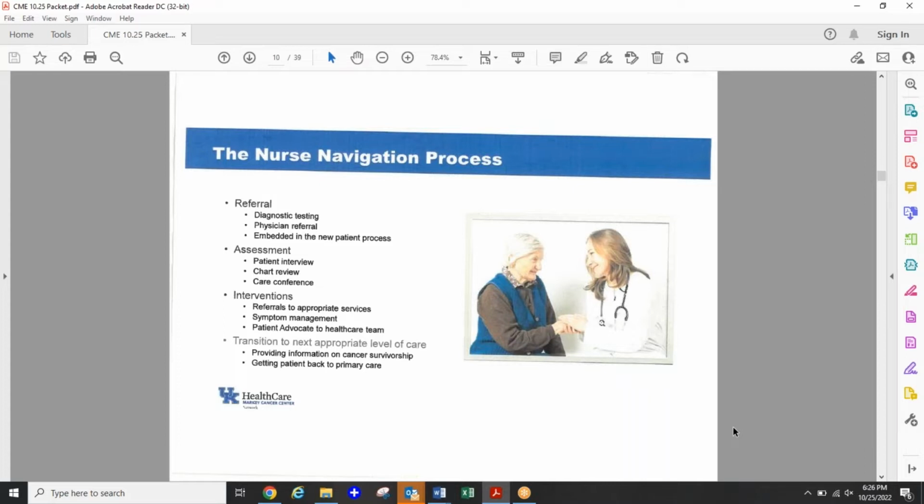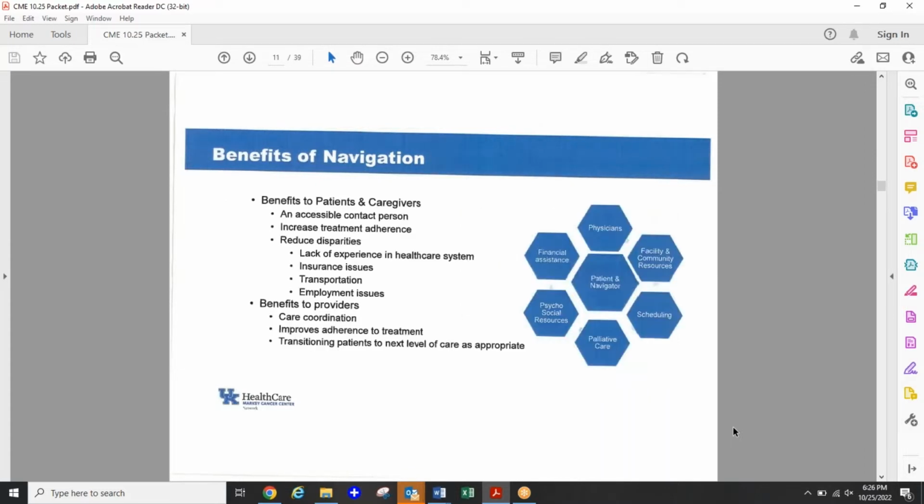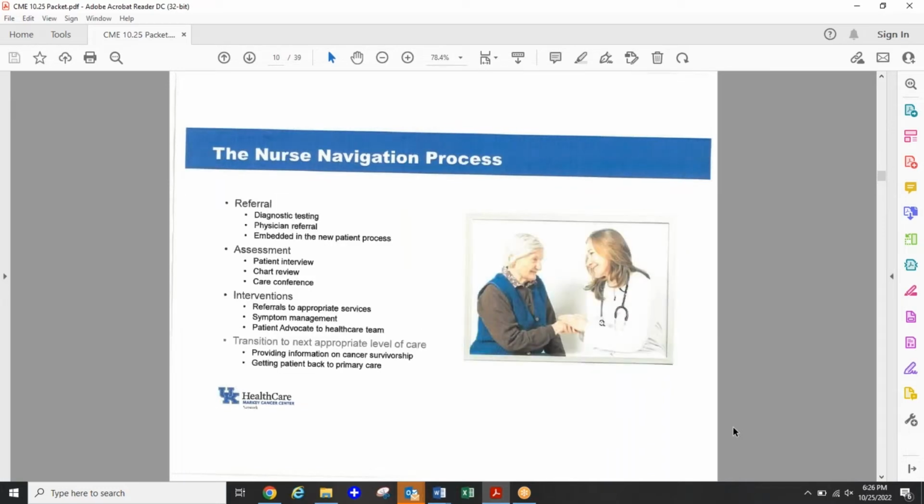After the interventions, when the patient has come to the end of their conventional treatment, the next thing the navigator can do, next slide, is help them transition to the next appropriate level of care. That can mean a couple of different things. You can provide the patient with information on transitioning to survivorship.